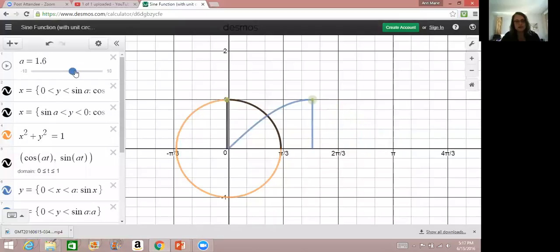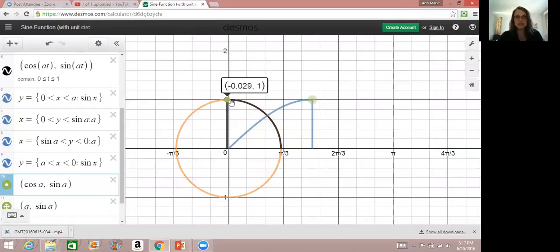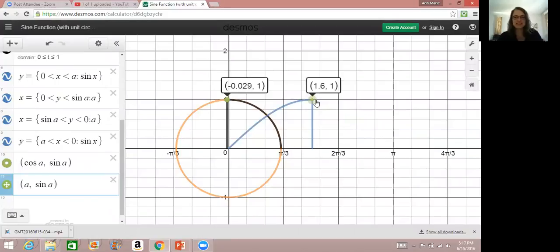So right now I'm at an angle of just a little bit more than pi over 2. And remember, we looked at this earlier, that the sine of pi over 2 is 1. So right here is about pi over 2. Right here, my sine of that angle is 1.